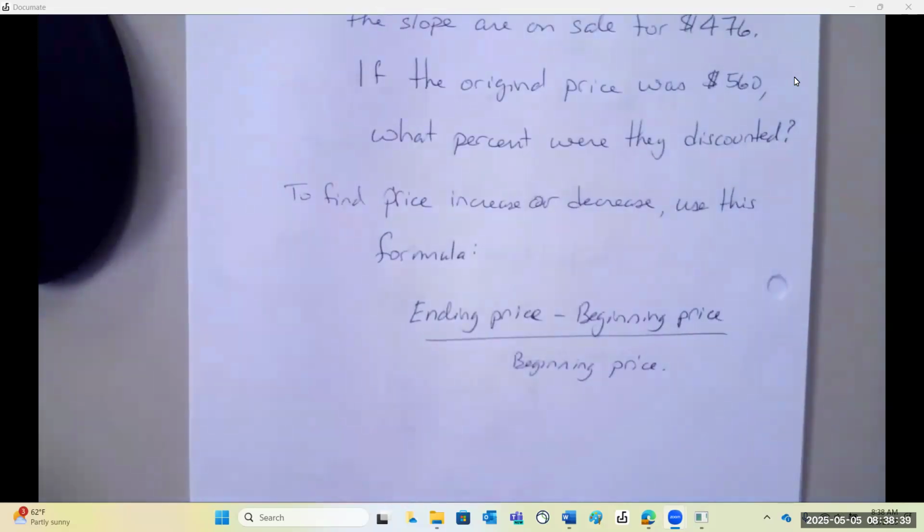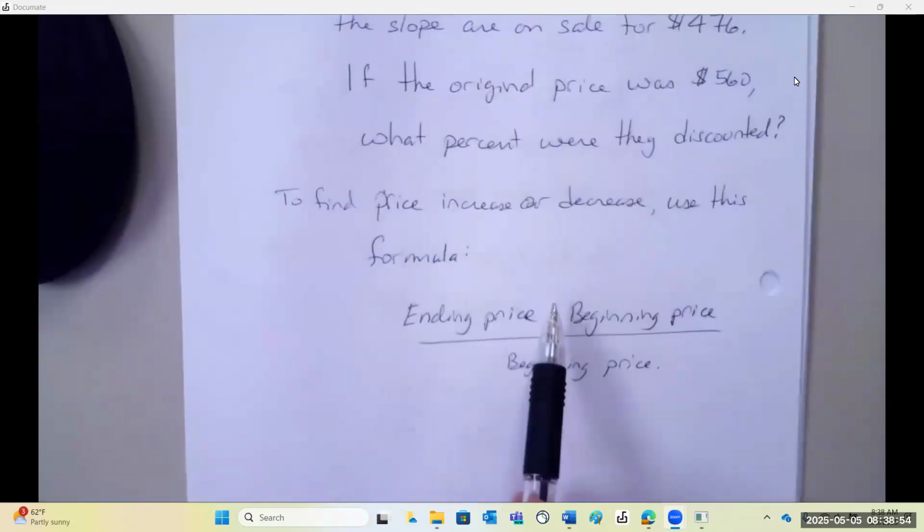Because if you do it this way, if it's a price decrease, then it's going to give you a negative number. That means it's a discount. If it's a price increase, the top is going to be positive, and then it's going to tell you it's a price increase.